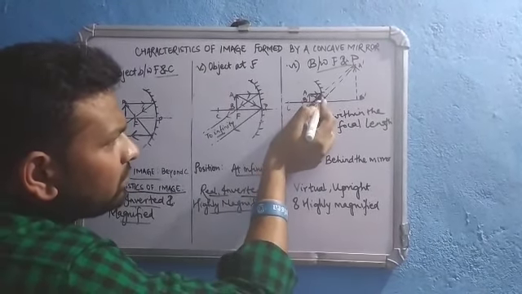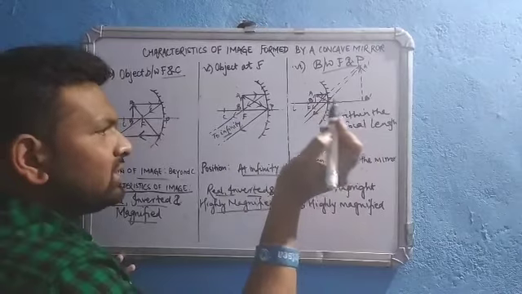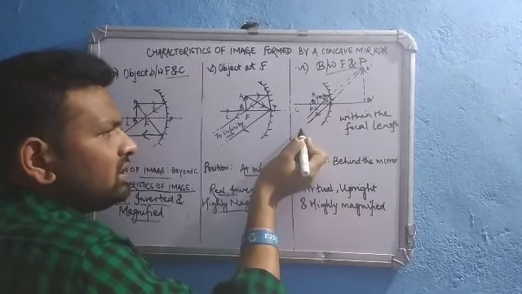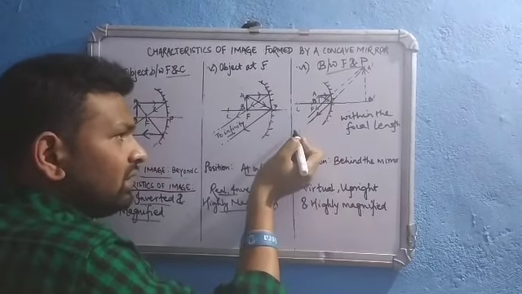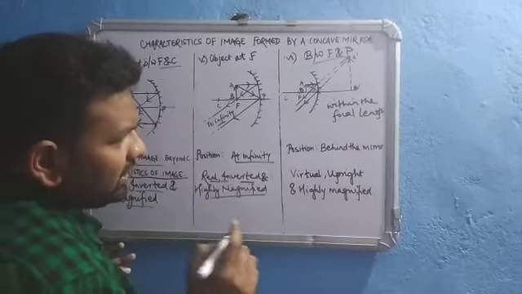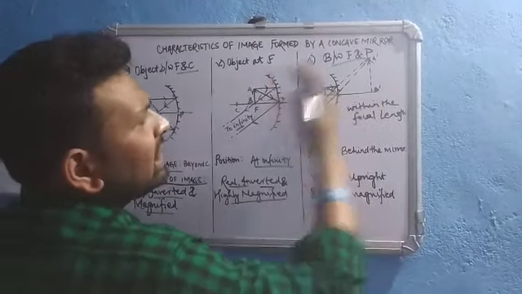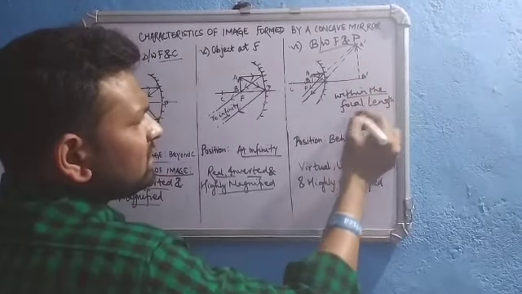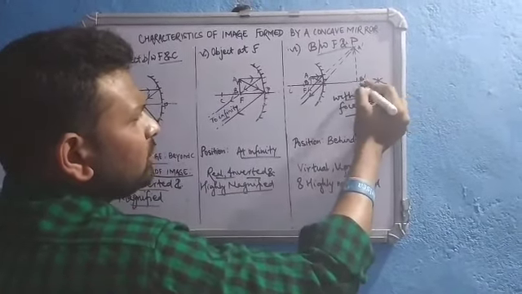A ray of light parallel to the principal axis will pass through the focus, that is fine. A ray of light incident at the pole will get converged and it will get reflected in this manner. Now a very interesting phenomenon takes place. The image is formed behind the mirror, you can see. This is very important.